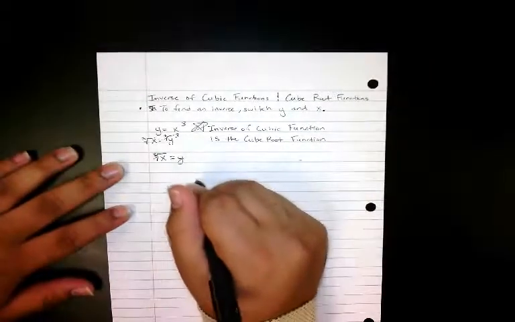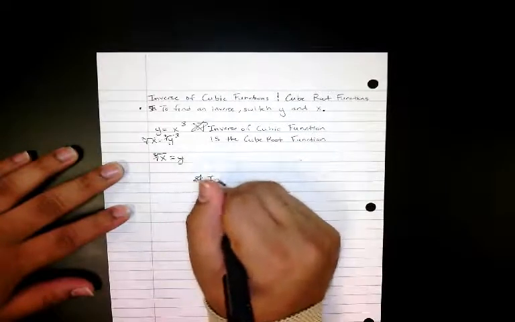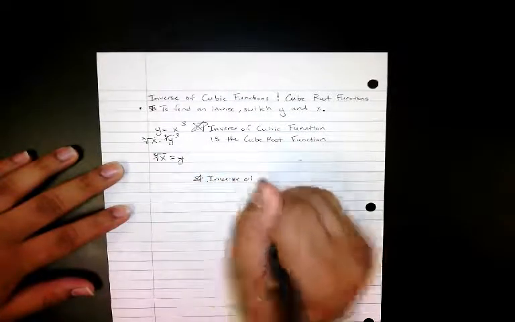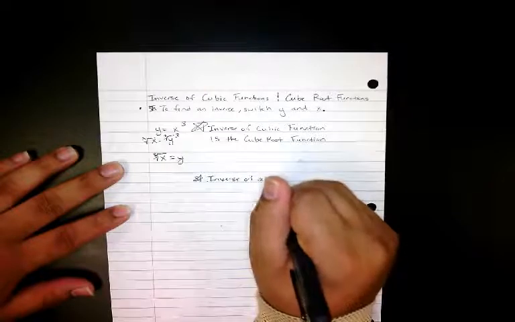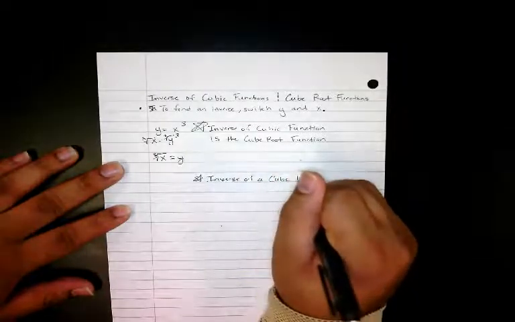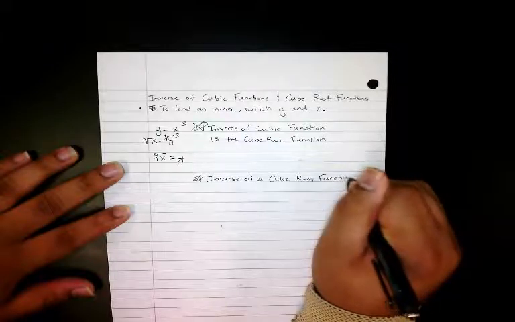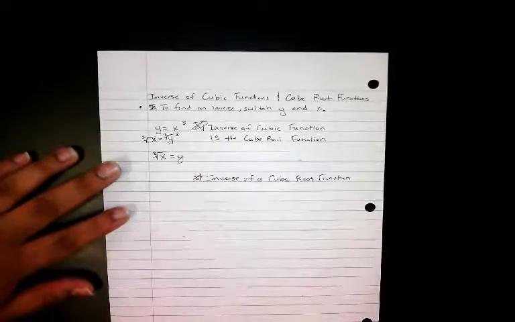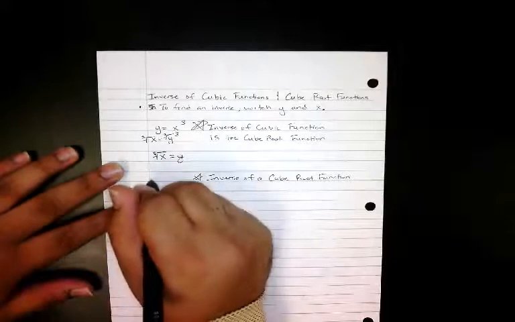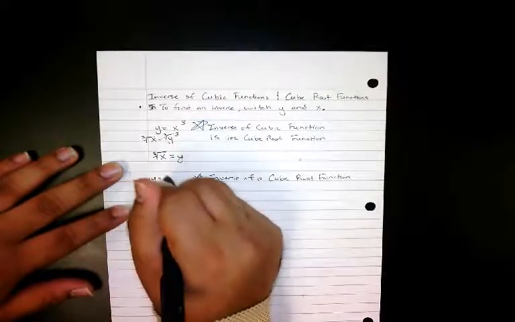Now let's say we did it the other way. Let's say we take the inverse of a cube root function. So we have y equals cube root of x.